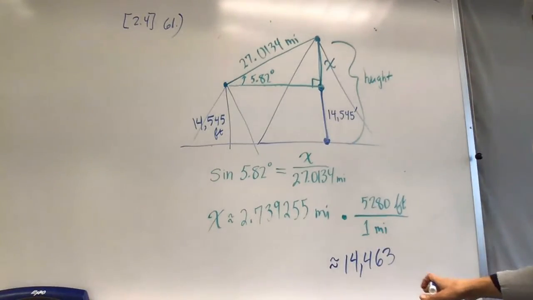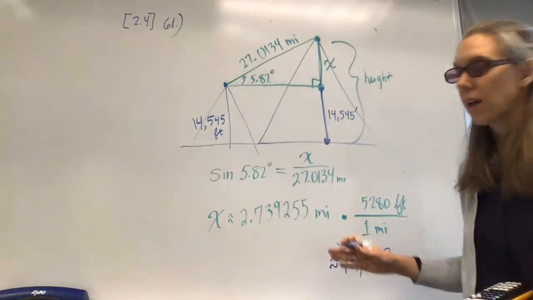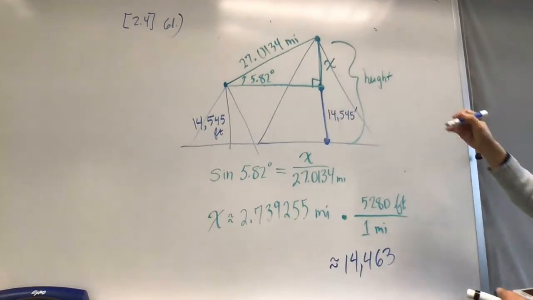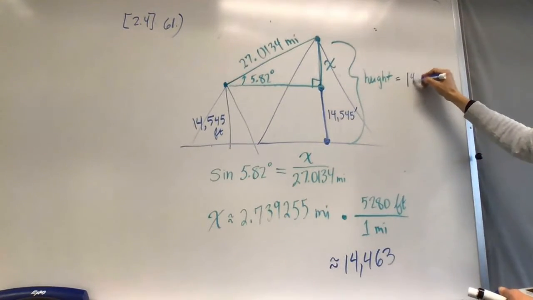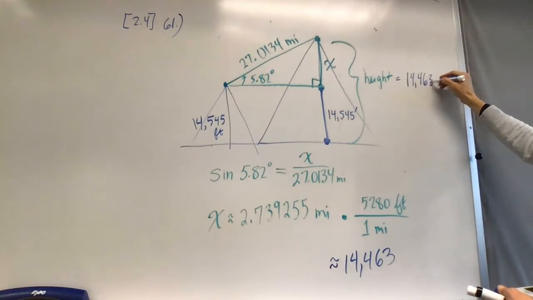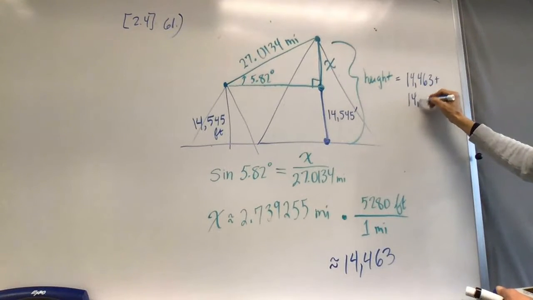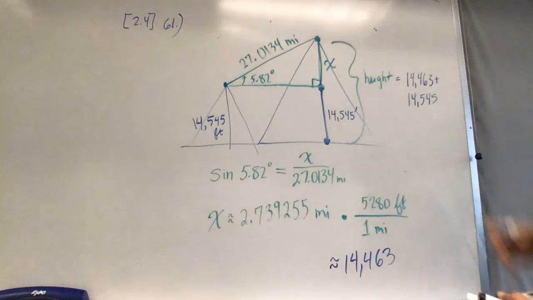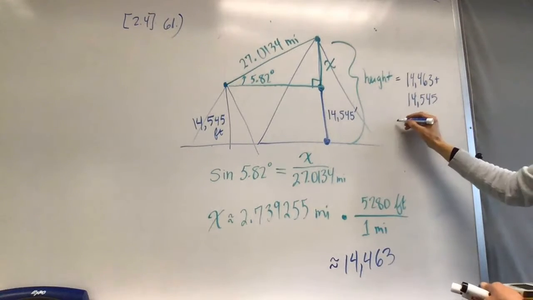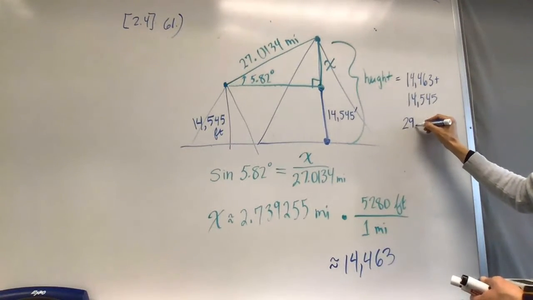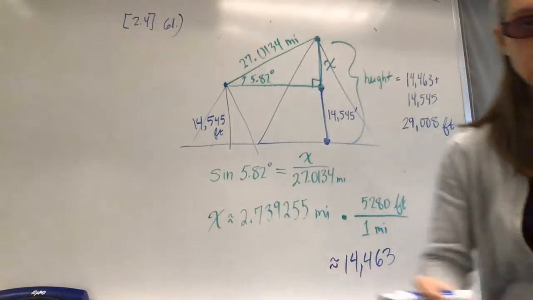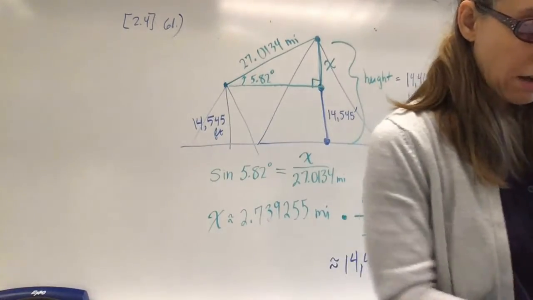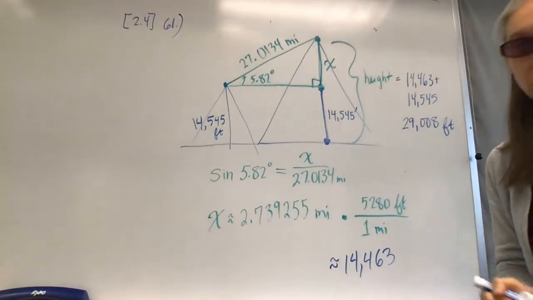And I'll go ahead and round to a whole number here because I have a whole number over here. So the height is then going to be this x value, 14,463, and add to that your 14,545, and you get 29,008 feet.